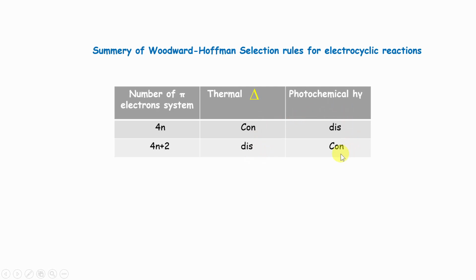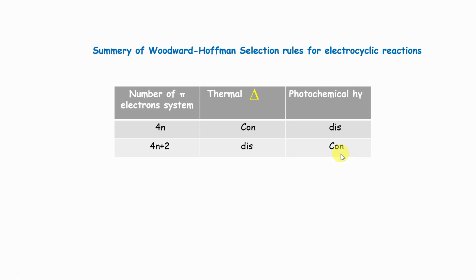Okay, I have already discussed what electrocyclic reactions are, how to construct the Huckel molecular orbital diagram, what the conrotatory and disrotatory processes are, and how to analyze an electrocyclic reaction by the Woodward-Hoffmann selection rule with the FMO method, the frontier molecular orbital method.